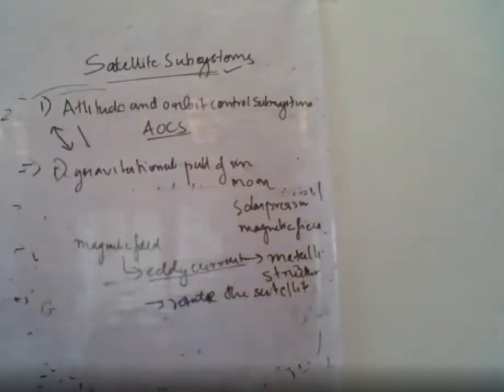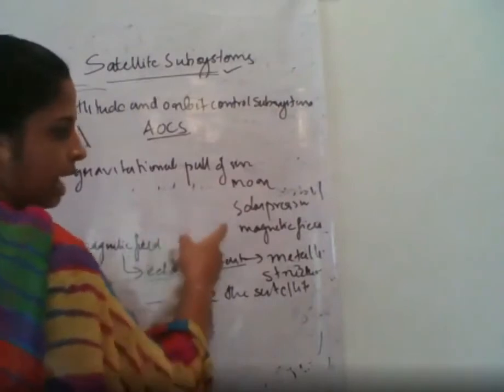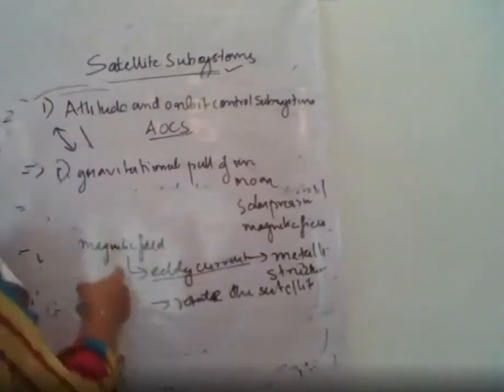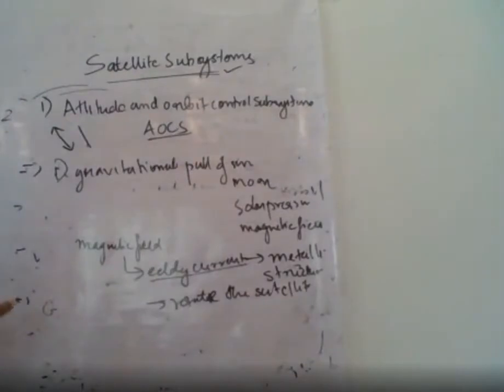So those are the external forces which act on the satellite: the gravitational pull of the sun, the gravitational pull of the moon, solar pressure from the sun, and the magnetic field. And due to the magnetic field, an eddy current is induced in the metallic structure, which rotates the satellite.